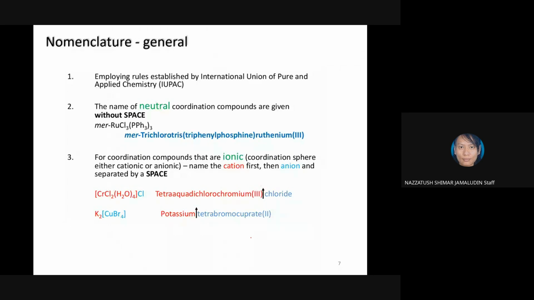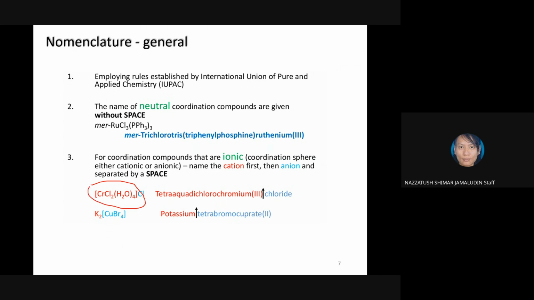It is very important to understand that when writing the name of the compound, you always write the ligands in alphabetical order, not in the order used for the chemical formula. Now, let's say we want to write about this one here.